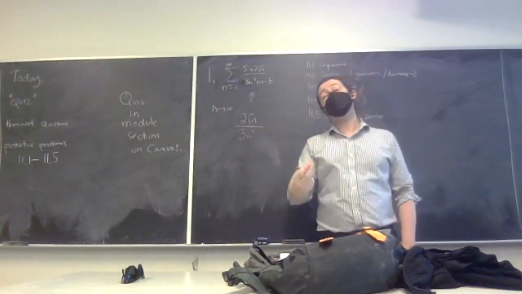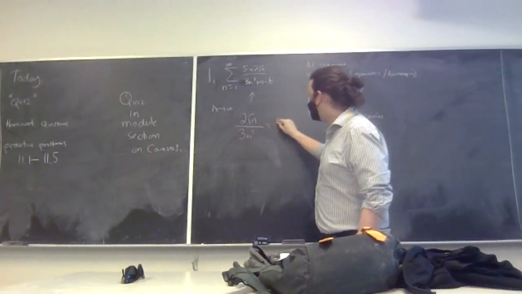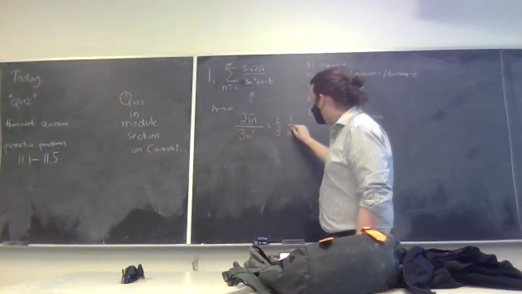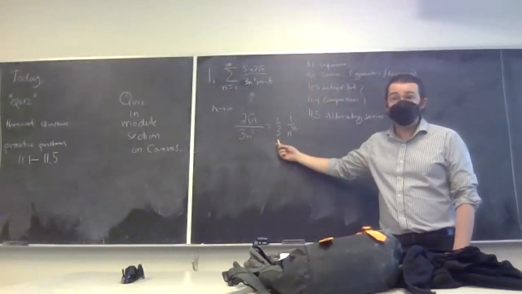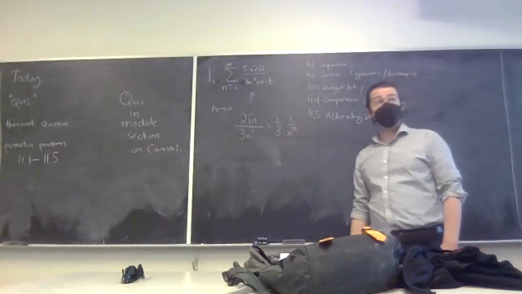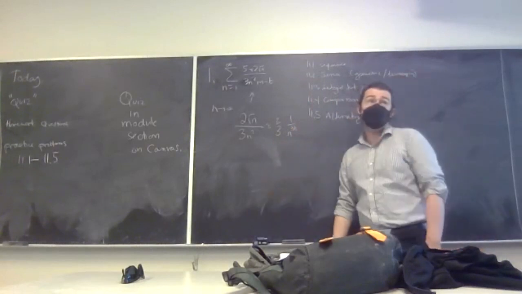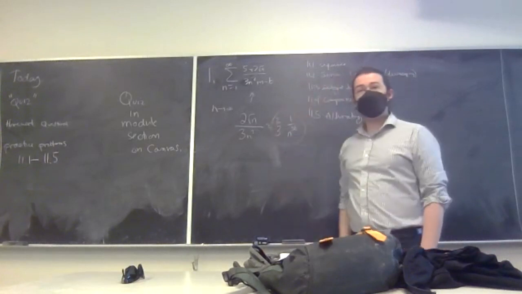Now, remembering that root n is n to the 1/2, that tells you that this thing kind of looks like 2/3 of 1 over n to the 3/2. The 2/3 doesn't even matter, right? Multiplying a series by something doesn't tell you if it converges or not. It might matter if you were doing a comparison test as opposed to a limit comparison, but this is what this series ends up looking like when n gets big.